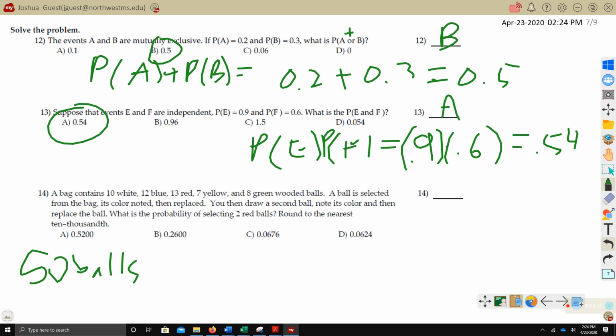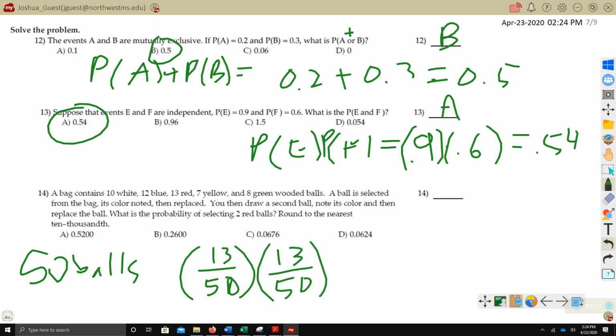Randomly take another ball out, it's also red. What's that probability? Well, how many red balls did you have? 13 out of 50. And then if you replace it, you still have 13 out of 50. You have 13 out of 50 times 13 out of 50.